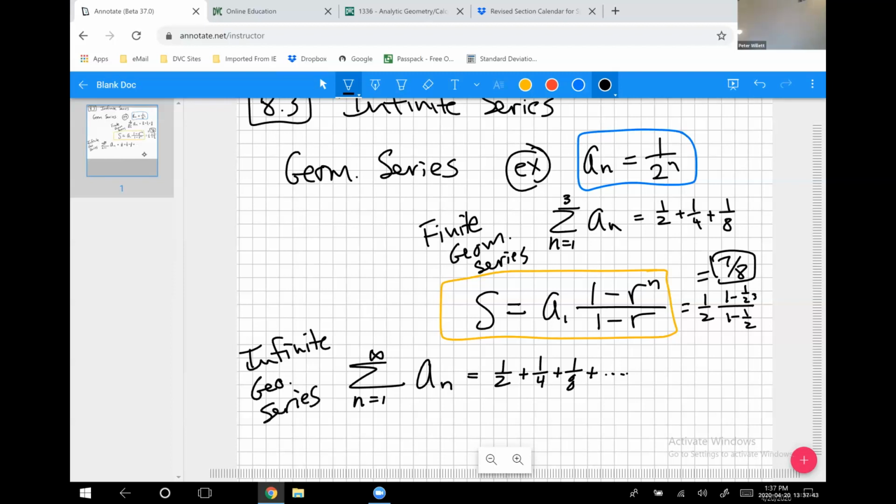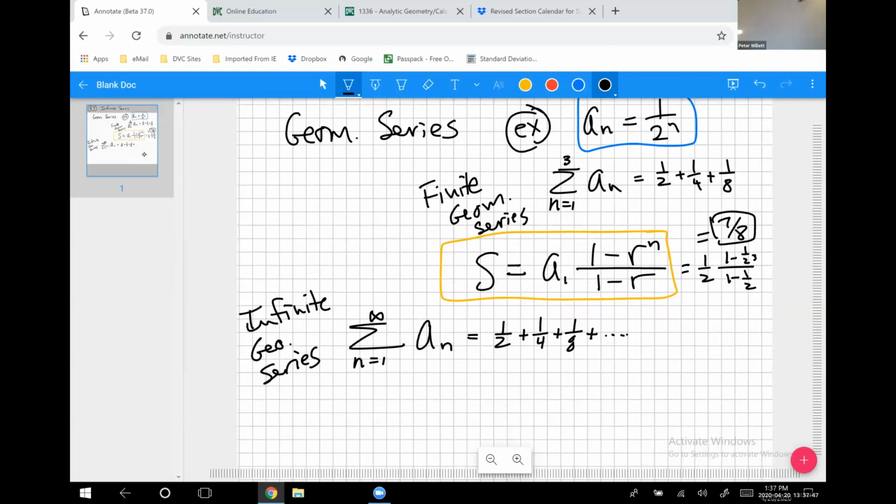And the formula for that is very important because we use it a lot. And basically, it's the exact same formula above, but you just let n go to infinity because it does. And what we found is that this will converge to a number when the absolute value of r is less than 1, and diverge when the absolute value of r is greater than or equal to 1.